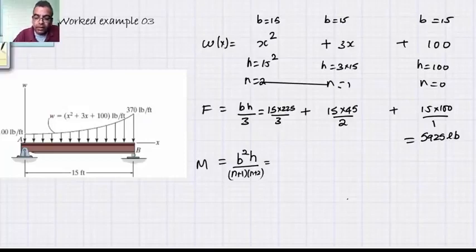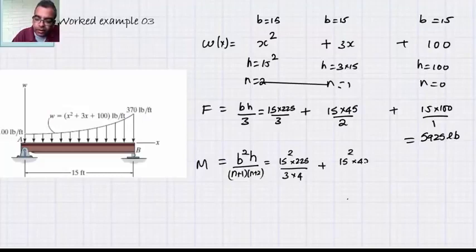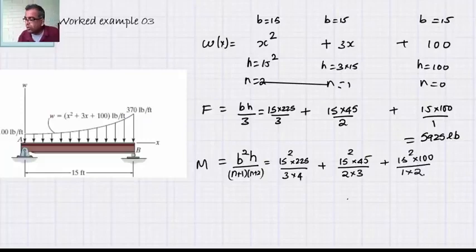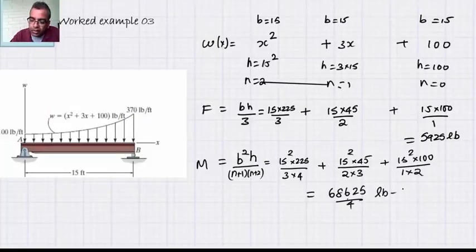So this turns out to be 15 squared times 225 divided by 3 times 4, plus 15 squared times 45 divided by 2 times 3, plus 15 squared times 100 divided by 1 times 2, which turns out to be 68625 divided by 4 foot-pounds or pound feet.